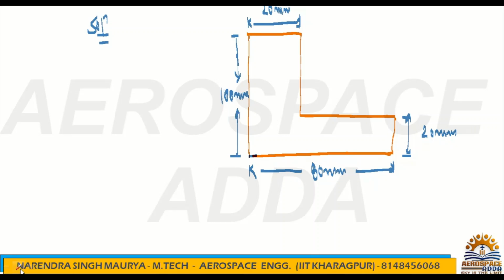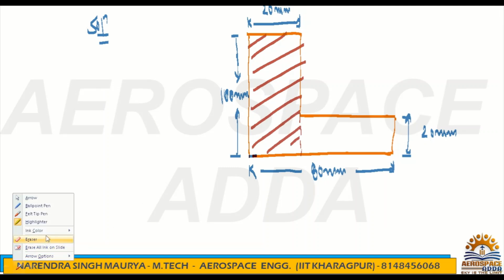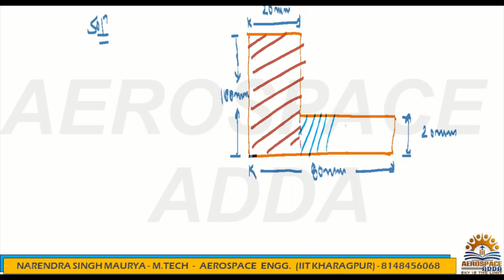Now we'll check how many sections we have here. We can say this full part is section 1, and this other part is section 2.